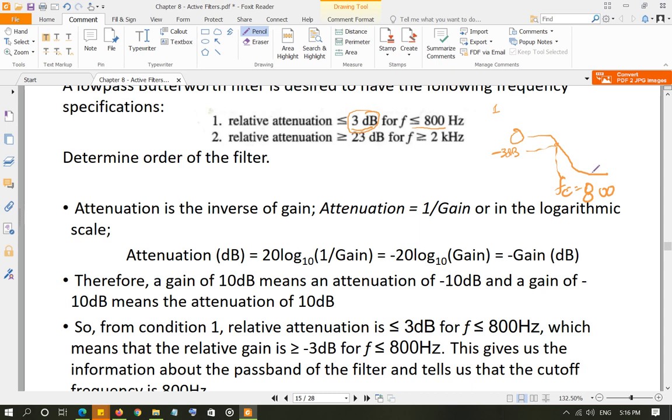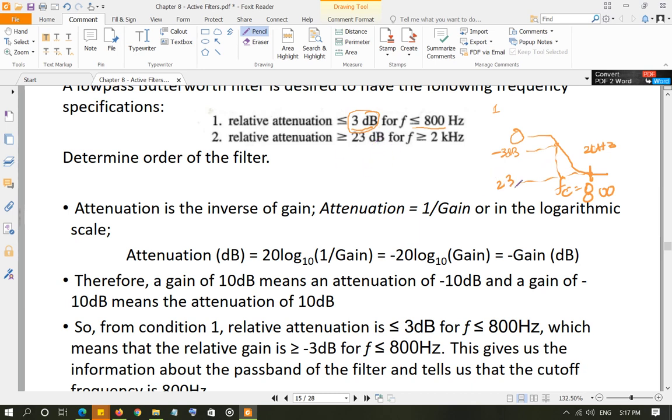From the second piece of information, relative attenuation greater than or equal to 23 decibel for f greater than or equal to 2 kilohertz. So when you have, let's say, 2 kilohertz here, they are saying that the relative attenuation is greater than or equal to 23 decibel for f greater than or equal to 2 kilohertz. That means at 2 kilohertz it is 23 decibel, and as you go beyond 2 kilohertz, it's going to start increasing.